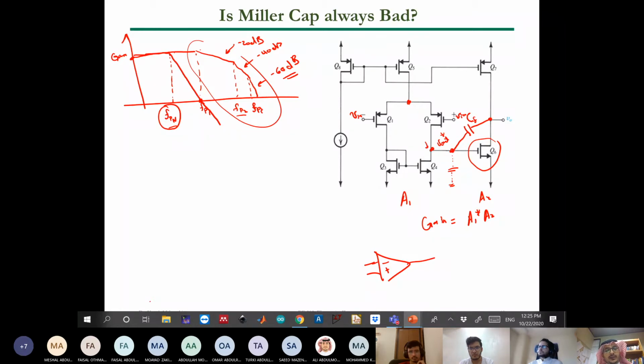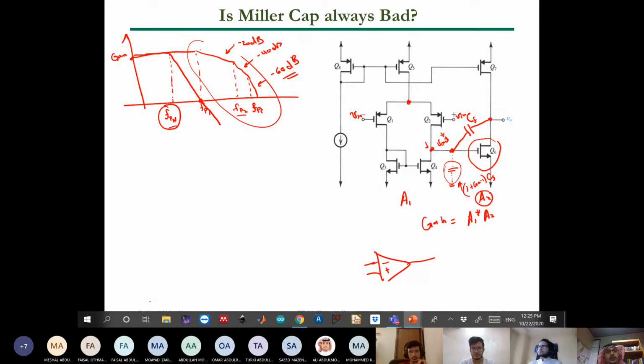The other one will be seen as اللي هو اللود output صح؟ So what will be the effective one here? The one on the gate. Don't you think it is 1 plus the gain multiplied by CF؟ طبعا الجين اللي هو A2 صح؟ فأنت أخذت كاباسيتر وكبرت الكاباسيتر, you multiply by the gain, okay, and you introduce a new pole in the system and the system will be stable. تمام؟ So this is how we do it.